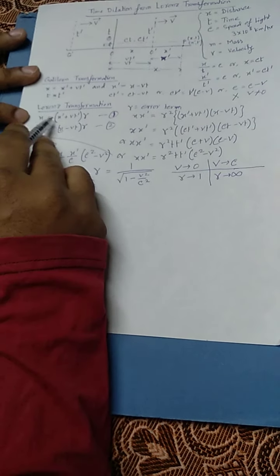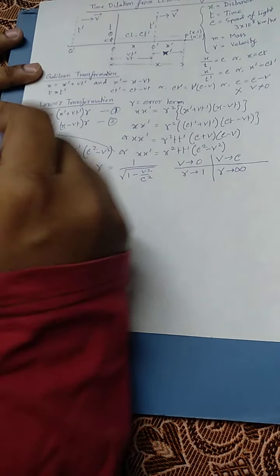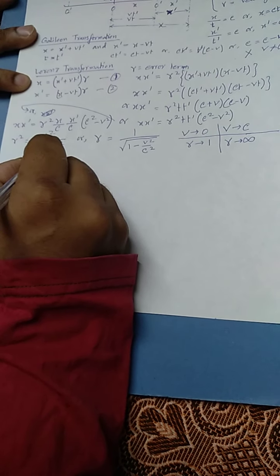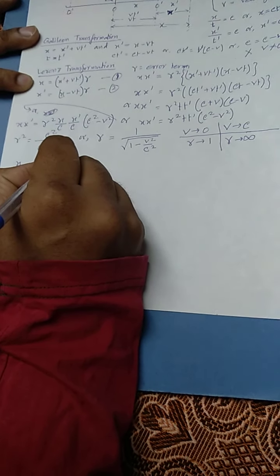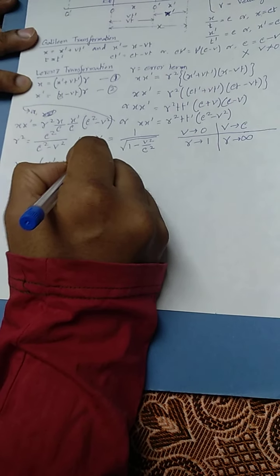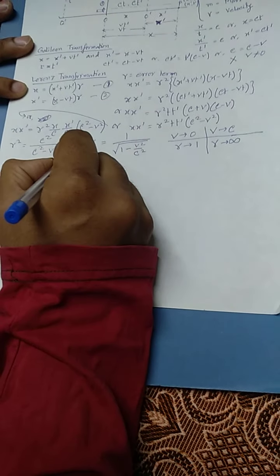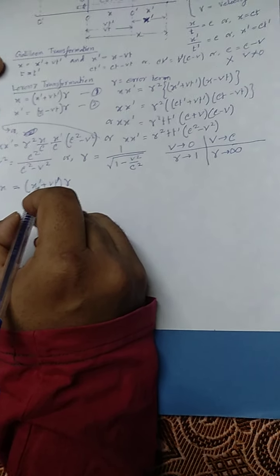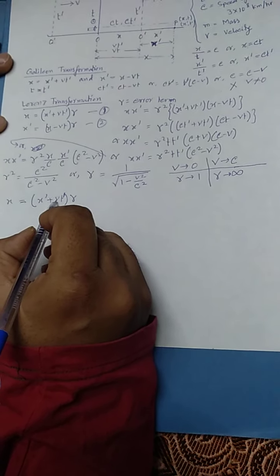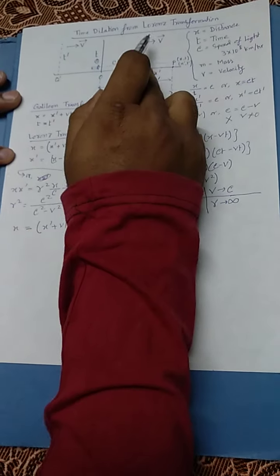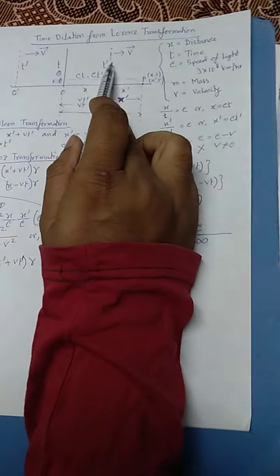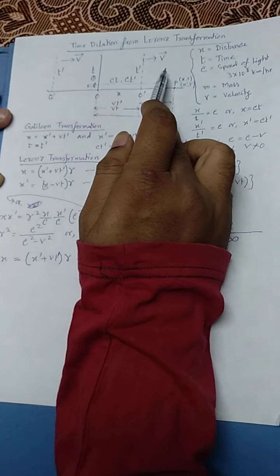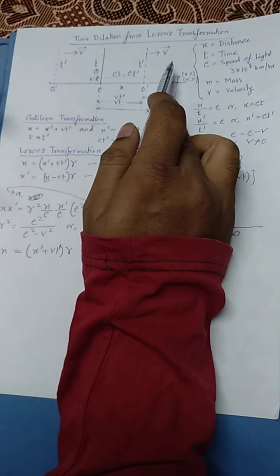Now from this equation, we have x equal to (x prime plus vt prime) times gamma. Now in the x prime reference frame, the observer belonging to this frame has a velocity v, but he will not understand the velocity v, because he will see himself as static.